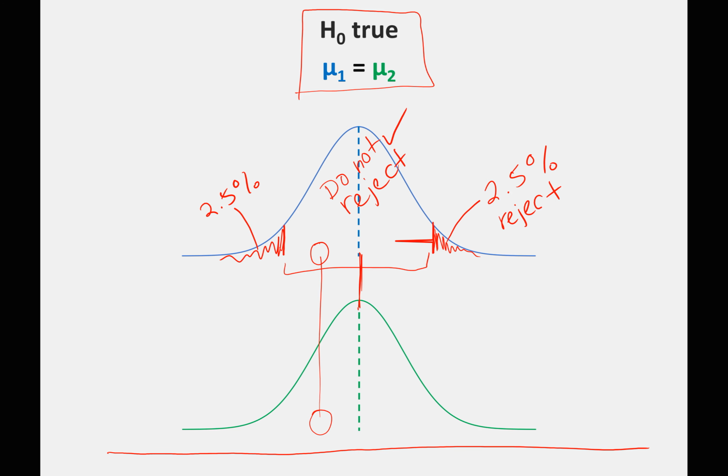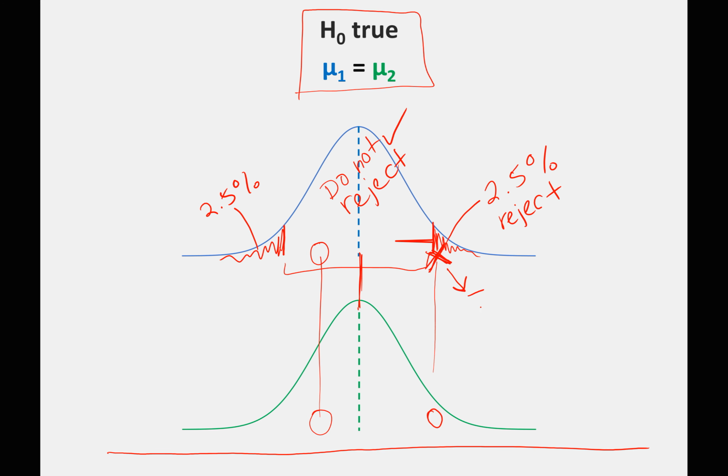Let's say we get a totally weird sample and our mean kind of ends up out here. So if we were comparing, this mean would fall in our rejection region, right? It's possible we could get a really weird mean. If our mean ends up in this rejection region, when the two populations are actually the same, then we're making a mistake.